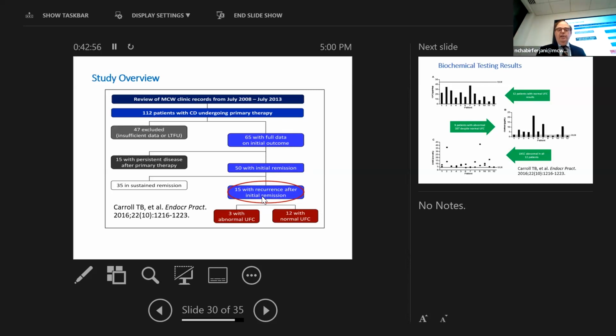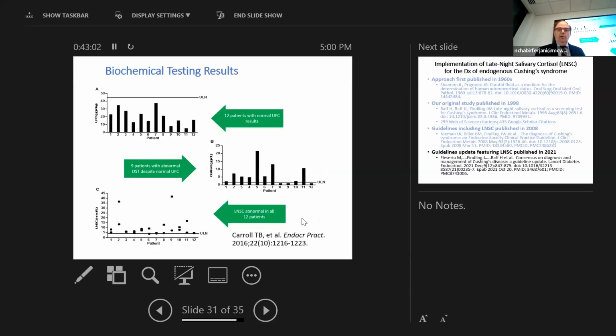And out of these 15, only 3 had elevated urine cortisols and 12 had normal urine cortisols. So again, this just illustrates the insensitivity of urine cortisol, all normal in this group of patients, all of whom had significant clinical improvement with medical or surgical therapy.